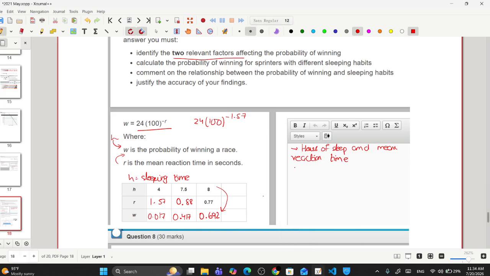This is basically our comment: the longer the sprinters sleep, the lesser their reaction time.